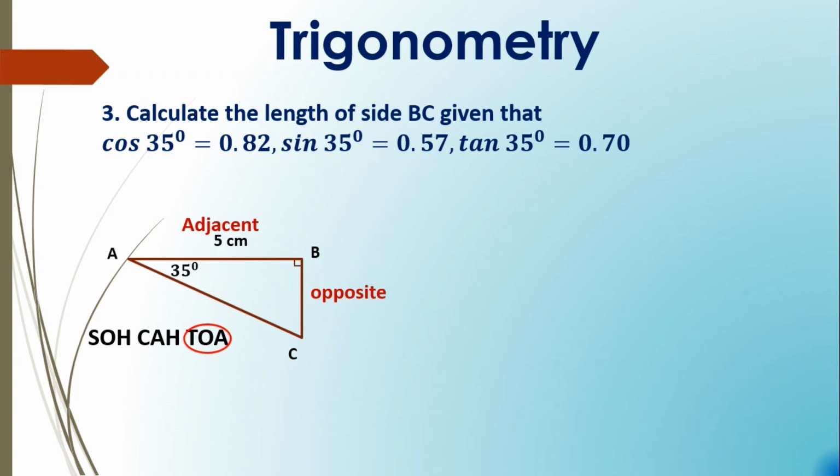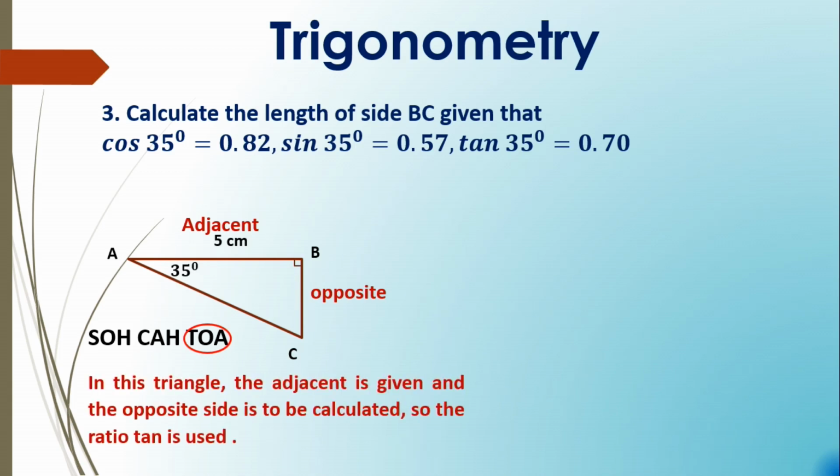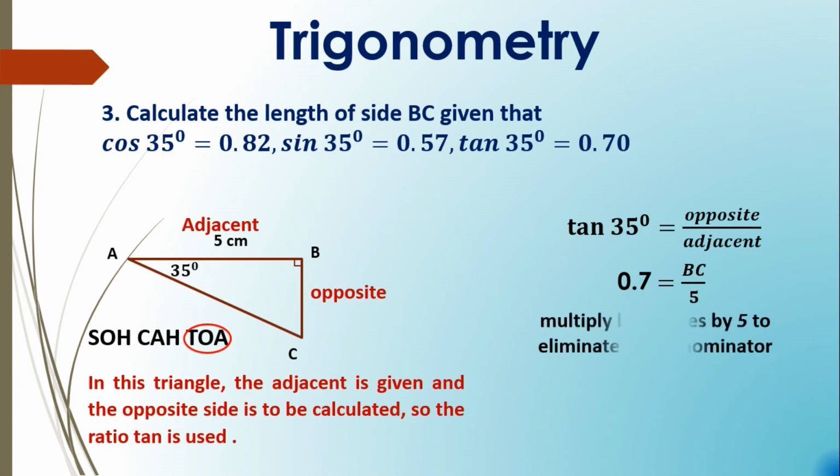According to this acronym, SOHCAHTOA, you are going to use TOA, T-O-A, which stands for tan equal to opposite over adjacent. Now, we are going to replace the given value, that is tan of 35 degrees, which is 0.7. The length of BC is to be calculated, and the adjacent is 5 centimeters.